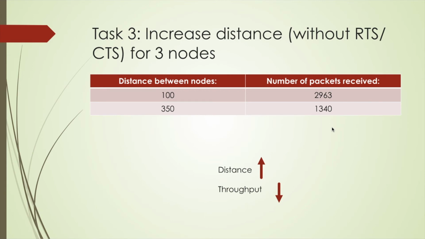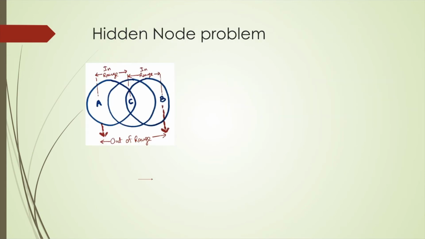So the actual reason behind this is the hidden node problem, which is a very well-known problem in Wi-Fi. For example, A and B are both in range of C, but as you can see, A and B are out of range of each other. So A and B are hidden to each other in this case. So what happens when we increase the distance is that we are creating more distant nodes, and we are increasing the hidden node problem.